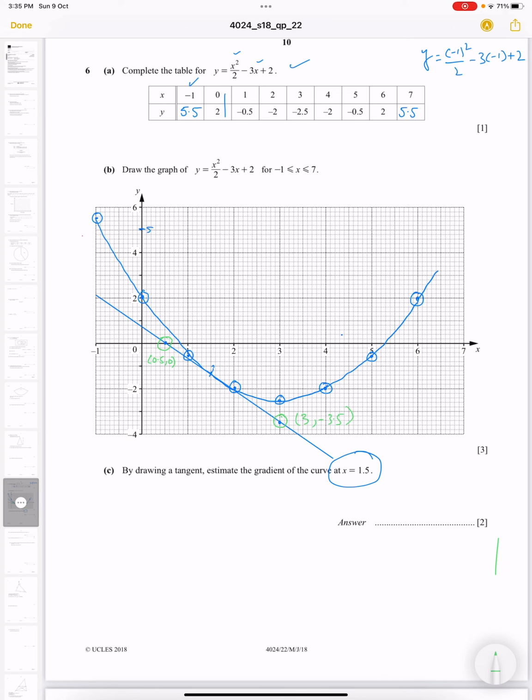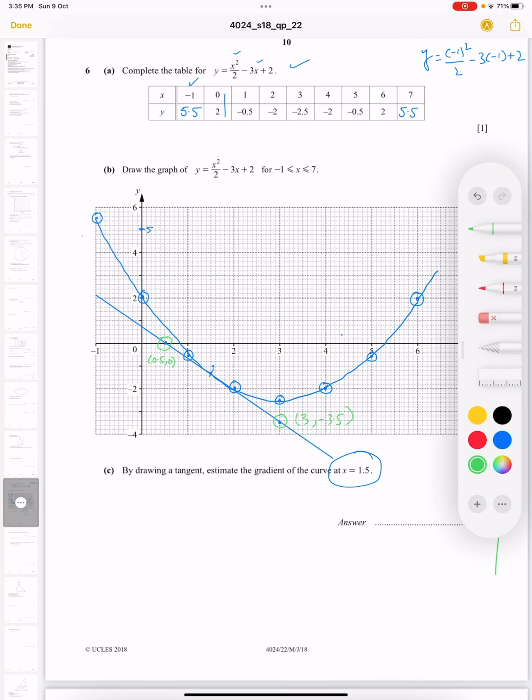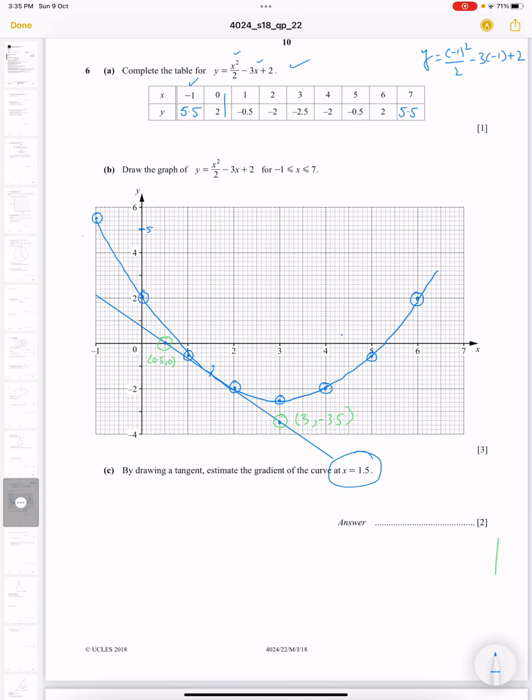So by using the formula of gradient, which is y2 minus y1 over x2 minus x1, the gradient comes out minus 3.5 minus 0 over 3 minus 0.5.